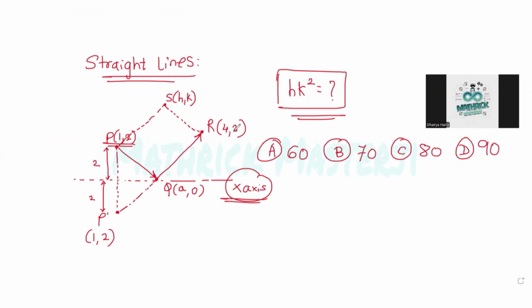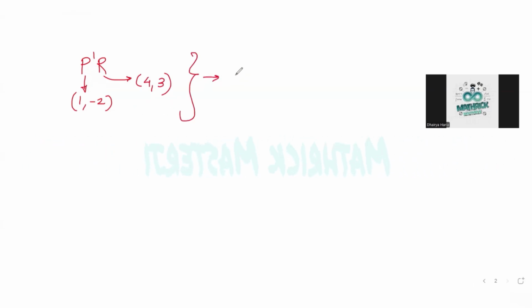Now I know this point Q also passes through point R, (4, 3). So this point Q lies on the line P dash R, where P dash is the reflection of point P and R is the point (4, 3). Let me first find the equation of line P dash R, where P dash is (1, -2) and R is (4, 3).